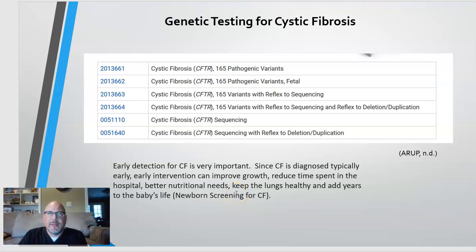Typically for genetic testing, most I looked up here was with ARUP, which does a variety of testing. They will look at many different things. You can look for fetal screenings.